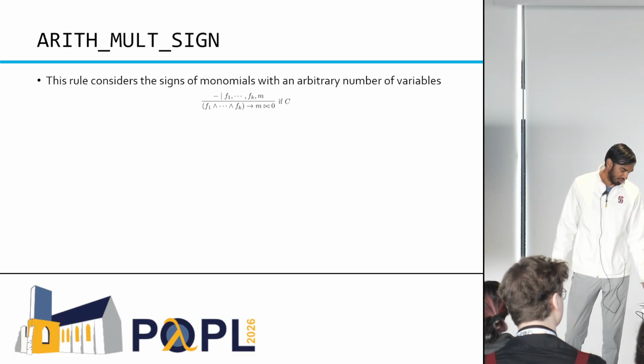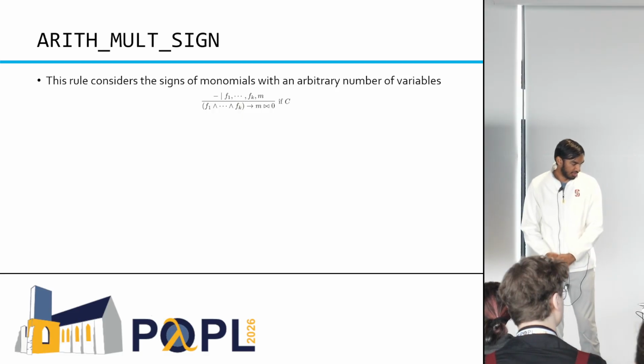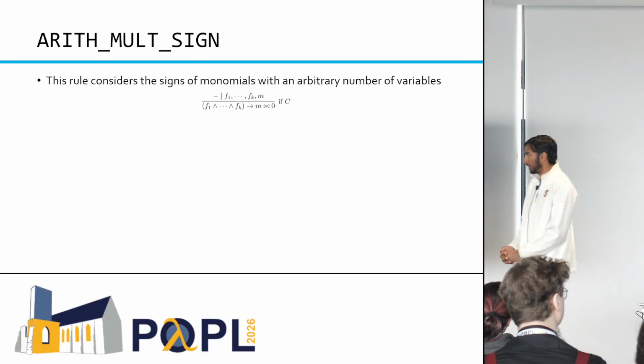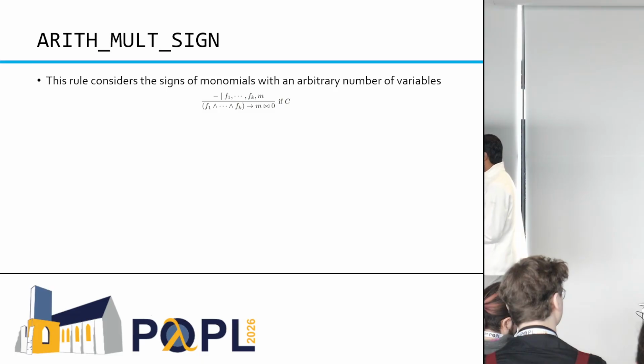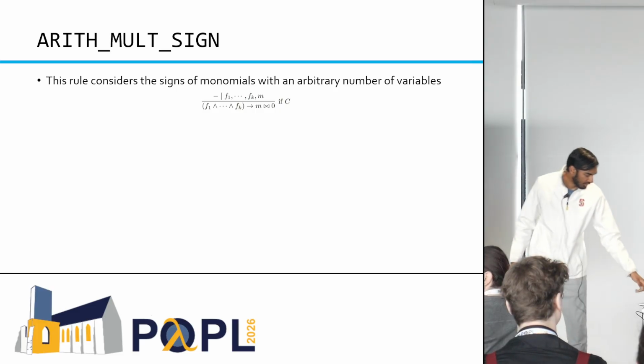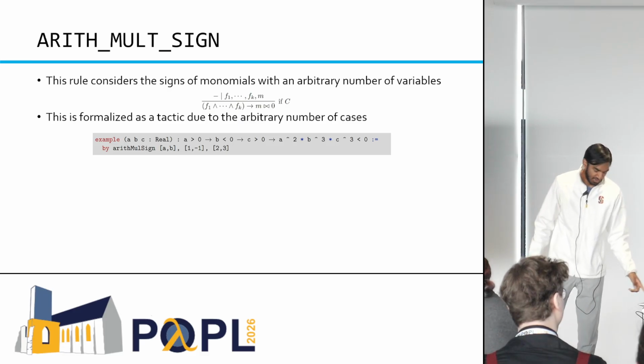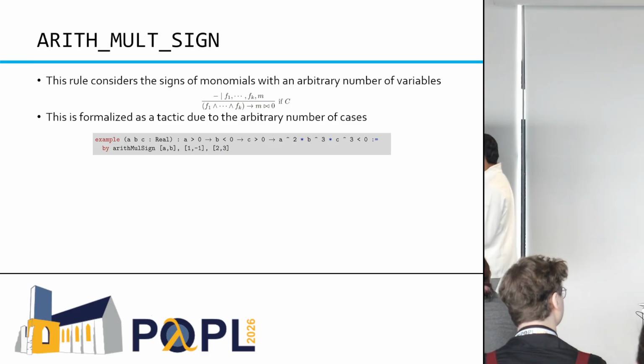Here's an example of another rule. In this one, you consider monomials, and you know whether these variables are positive or negative, and the question is whether the product of the variables is positive or negative. It's better to see an example. For example, a is positive, b is negative, c is negative, and the question is whether a squared times b cubed times c cubed is negative.